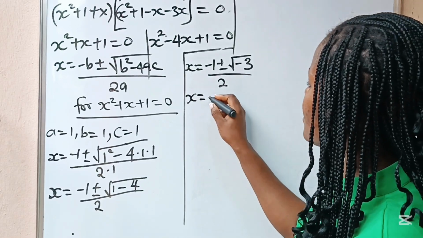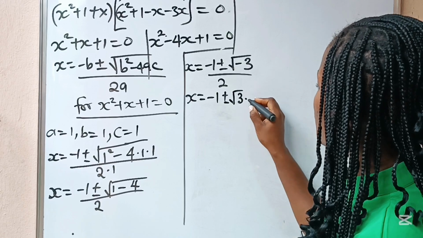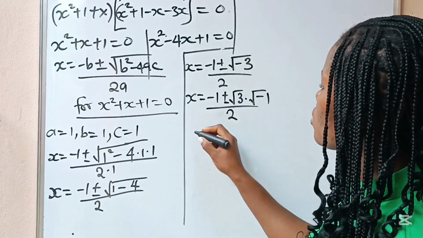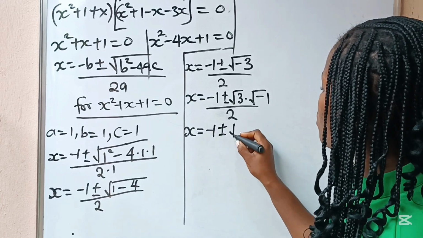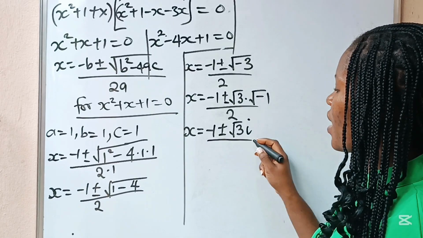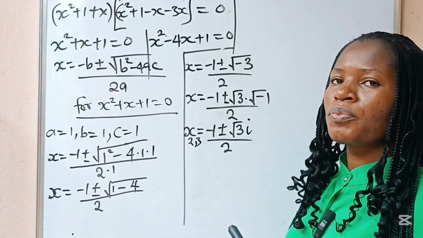So our x is minus 1 plus or minus the square root of 3 multiplied by the square root of minus 1, divided by 2. The square root of minus 1 is i, so x is minus 1 plus or minus root 3 i, divided by 2. Here we have the second and the third values of x.